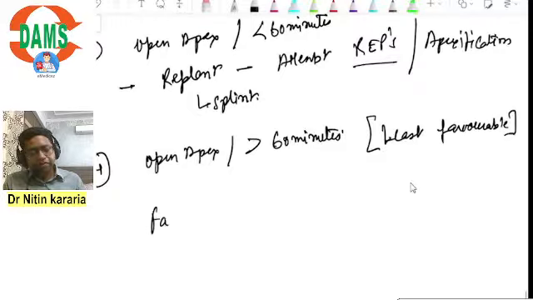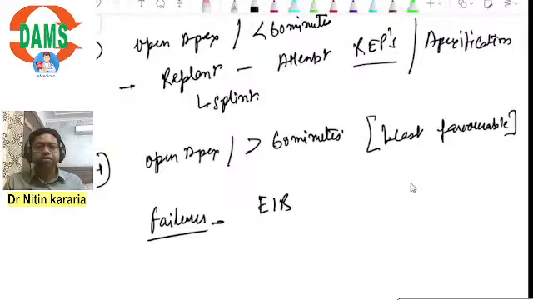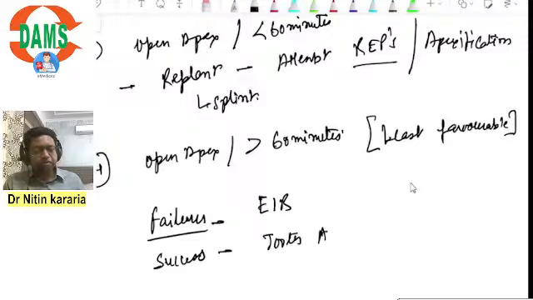Failure of replantation mostly occurs with external inflammatory resorption, and success is considered to be tooth ankylosis.